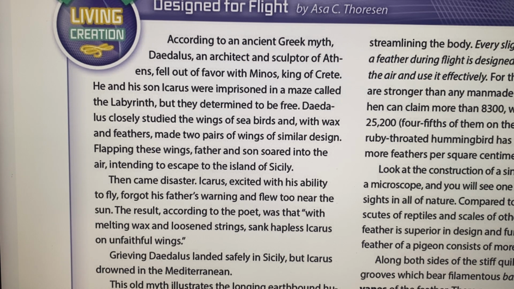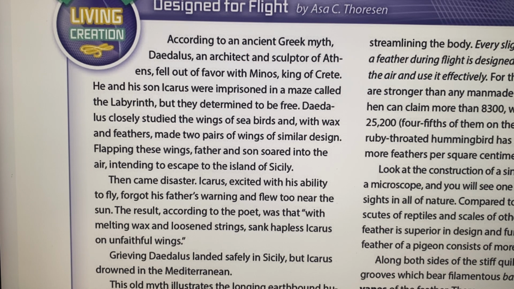He and his son Icarus were imprisoned in a maze called the Labyrinth, but they were determined to be free. Daedalus closely studied the wings of the seabirds, and with wax and feathers he made two pairs of wings of similar design. Flapping these wings, father and son soared into the air, intending to escape the island of Sicily.